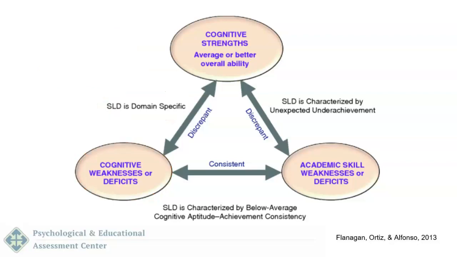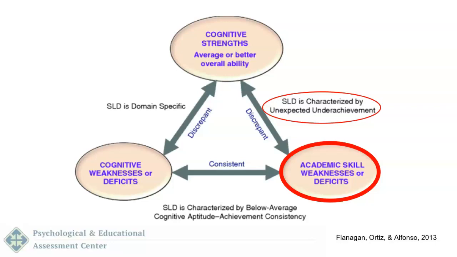The next criterion of this model is to identify an academic area of weakness or deficit. The potential academic areas to be assessed are provided by the Title V California regulations. A weakness or deficit is acceptable to meet this criterion. The academic weaknesses need to be unexpected given the individual's overall cognitive potential.